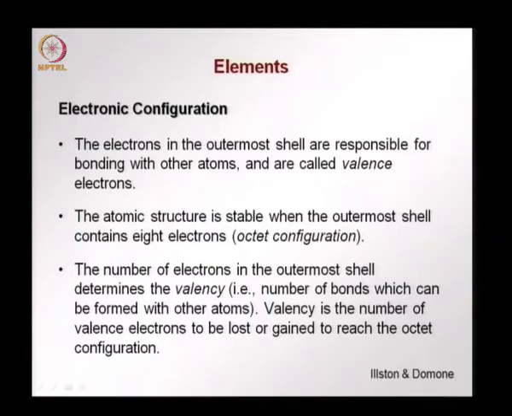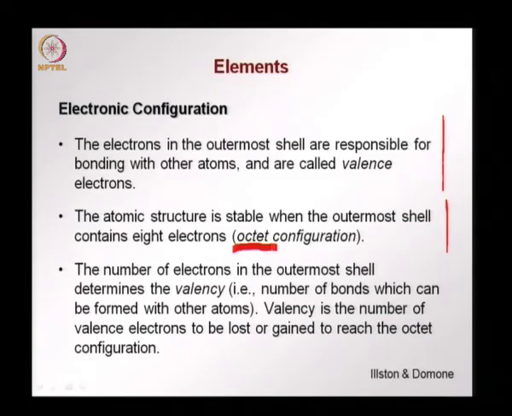The electrons in the outermost shell are called the valence electrons, and as I said, when we have 8 electrons in the outer shell, that is called the octet configuration, and that is a stable configuration.